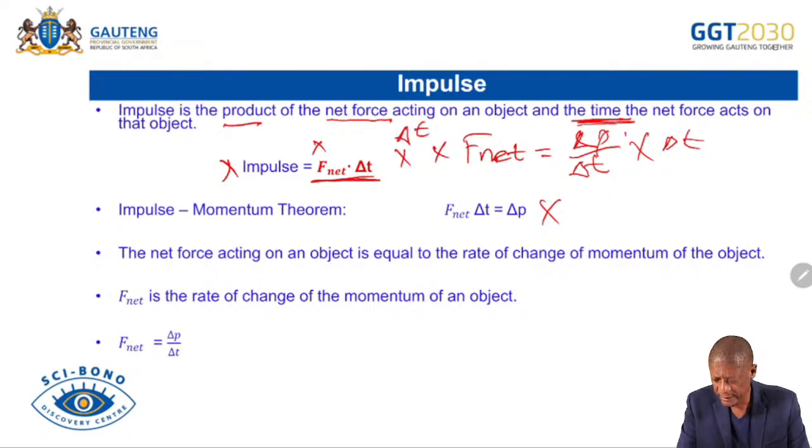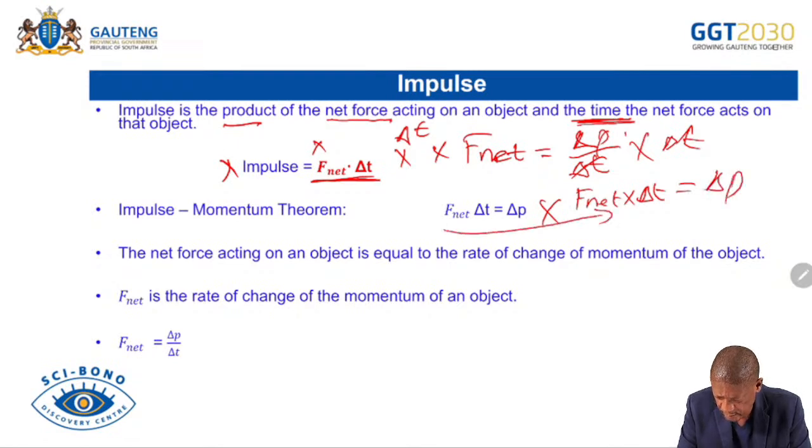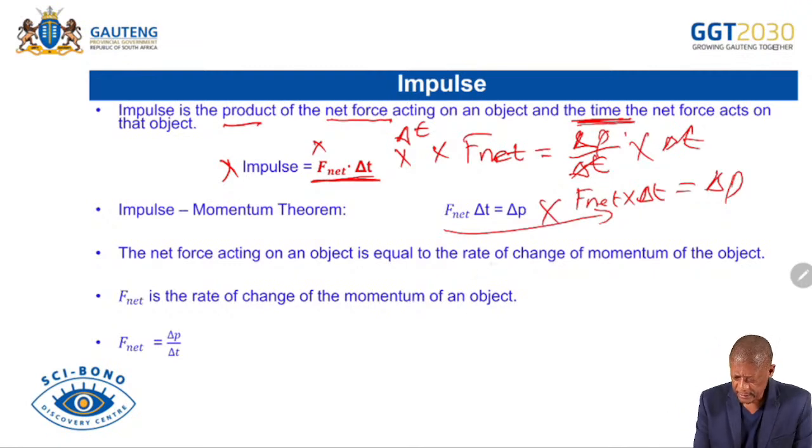Then this one is going to cancel this one. Then this side will have net force multiplied by change in time, which are the two. This side will be remaining with change in P, which is this one. So it comes from there, right? Now, net force acting on an object is what the definition of impulse says.